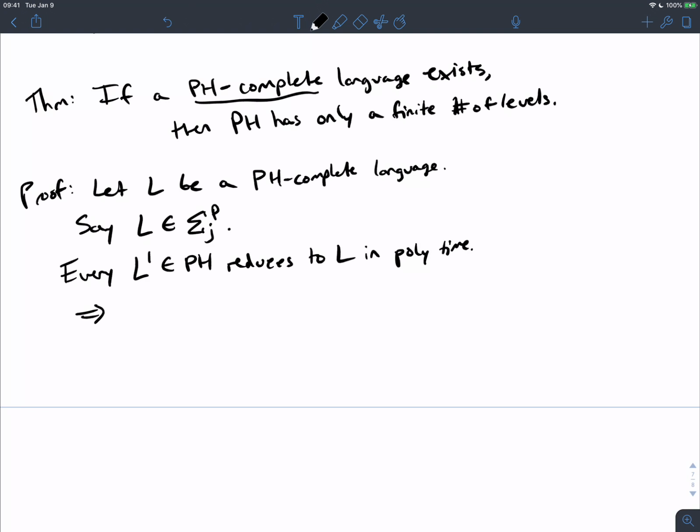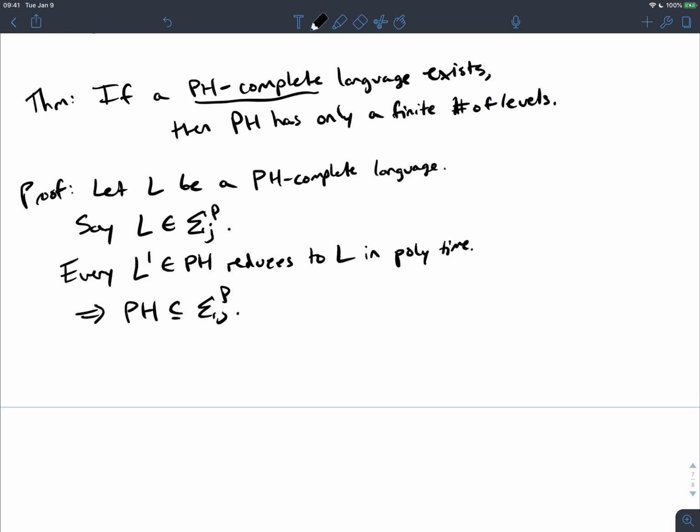This means that PH is a subset of the jth layer, because we can just transform it over to this language L, a PH-complete language, and then solve it using only Sigma_j^p resources. So any problem in PH at all can be reduced to this problem, which means PH is a subset of this particular layer.